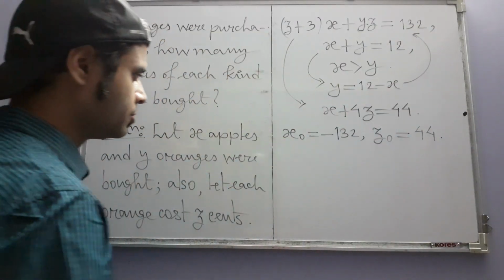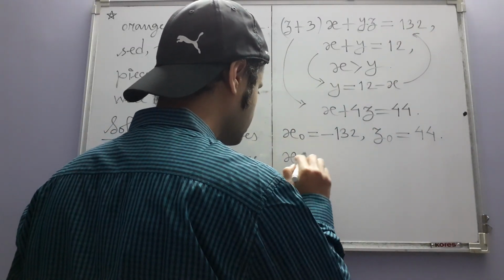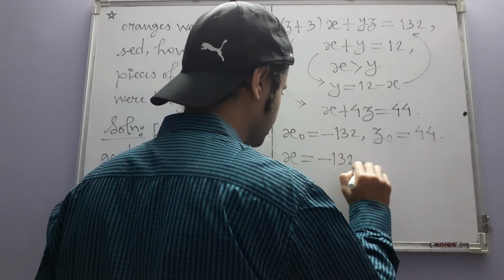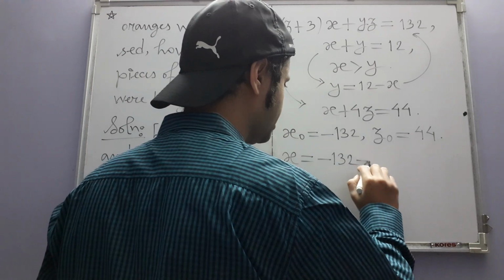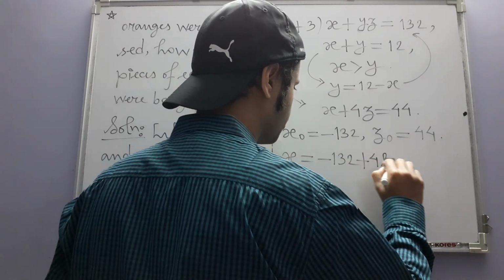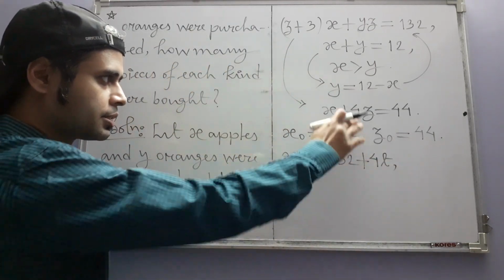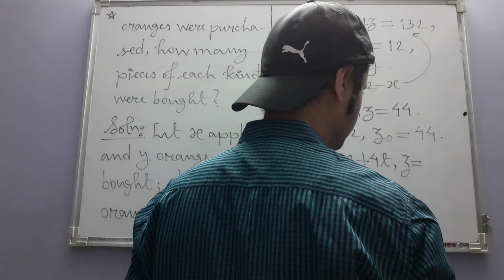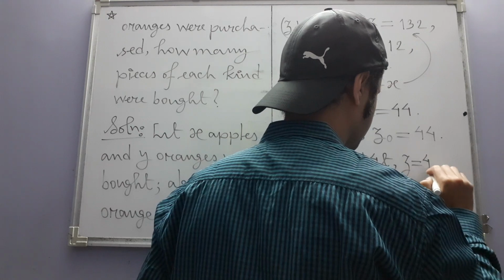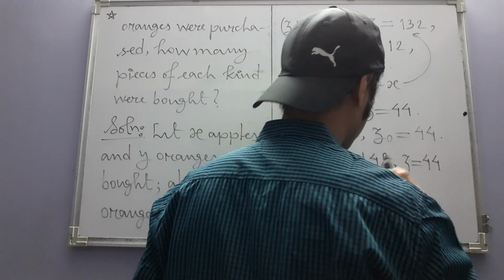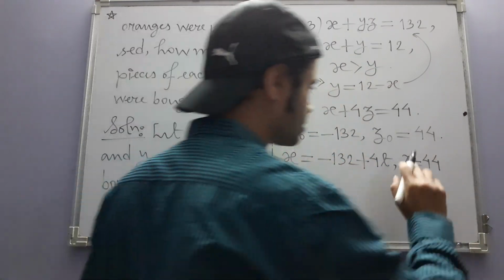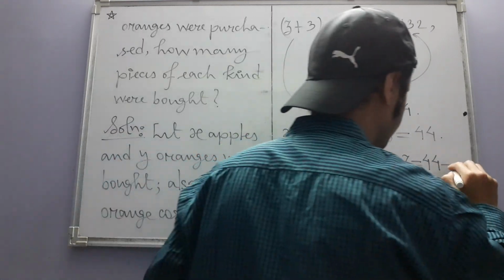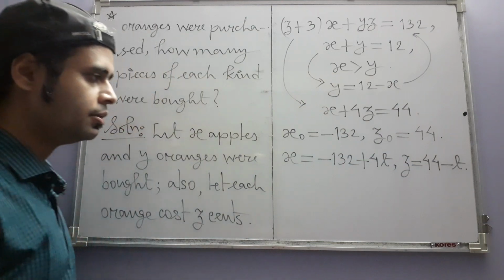But then the general solution would look like this, x equal to x naught, that means minus 132 plus bt, that is 4t, this is b, and z equal to z naught plus 80. No, sorry, minus 80, because this one is plus, the other has to be minus 80, a is 1, so this is t.